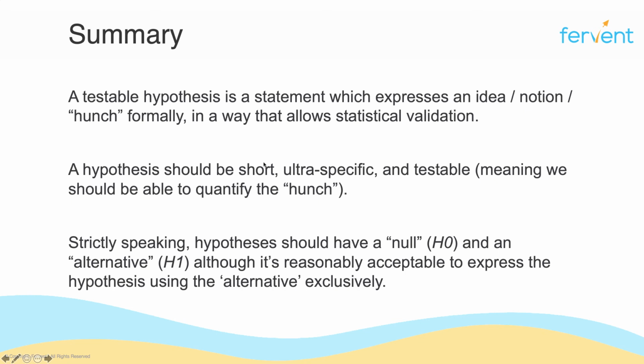Right? So you'd rather have a longer but more specific hypothesis than a shorter but less specific or ambiguous hypothesis. Okay. Finally, of course, we learned that strictly speaking, hypotheses should have a null and an alternative, but it is reasonably acceptable to express the hypotheses only using the alternative form.